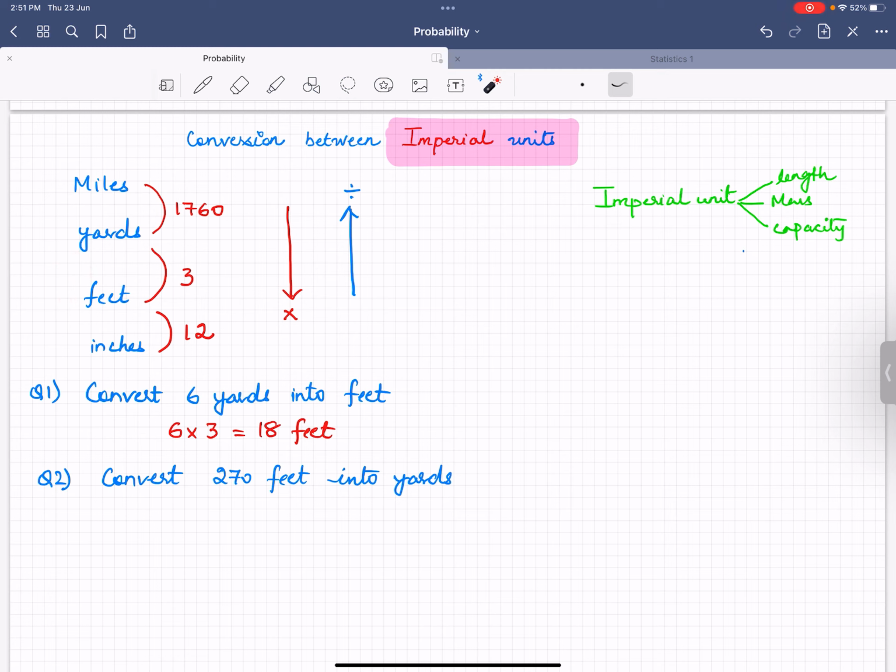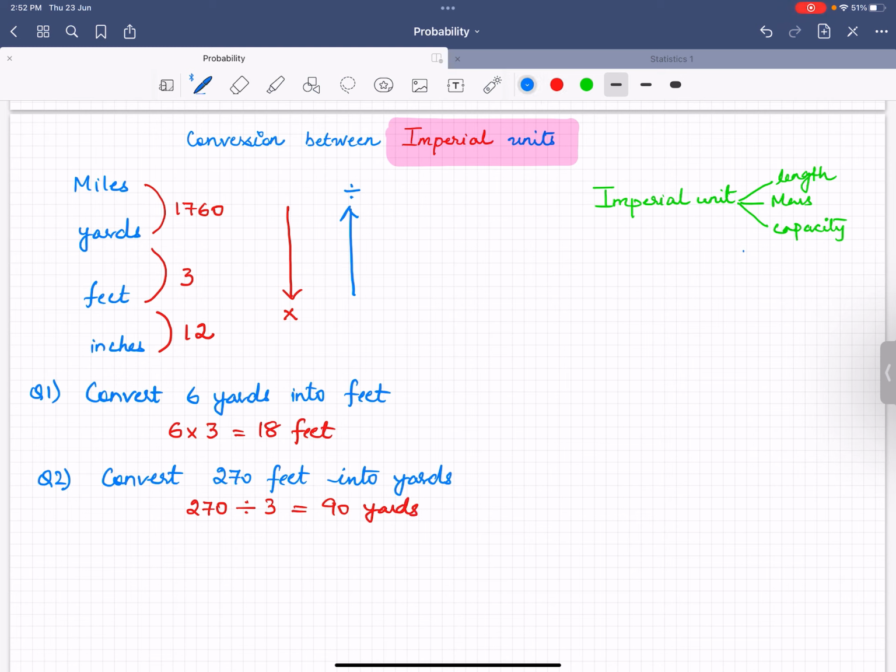When we go up, we divide, and we divide by the number 3. Therefore, we have 270 feet divided by 3, which gives us 90 yards.